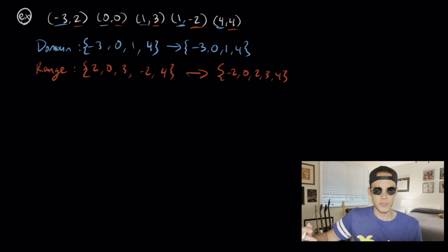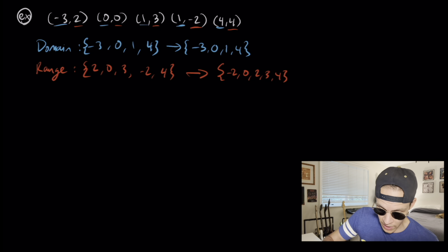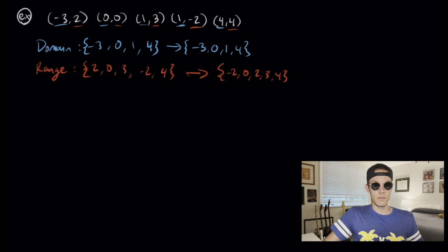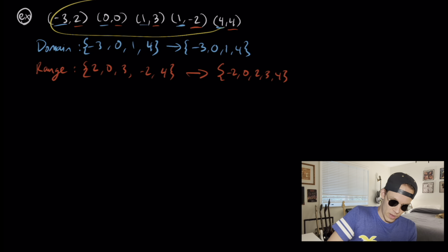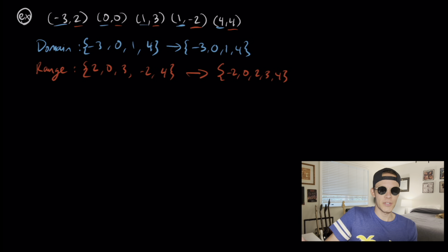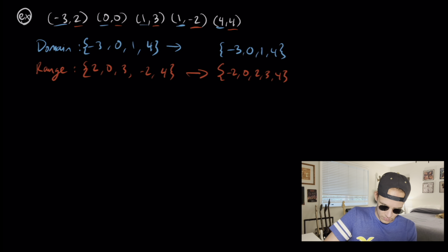All right, so now we're going to do like we did before, draw arrows from the domain to the value in the range it corresponds with, to create these pairs that we've already listed. So if -3 is my input or my x value, well, my output is a 2. So I'm going to draw an arrow from -3 to 2.